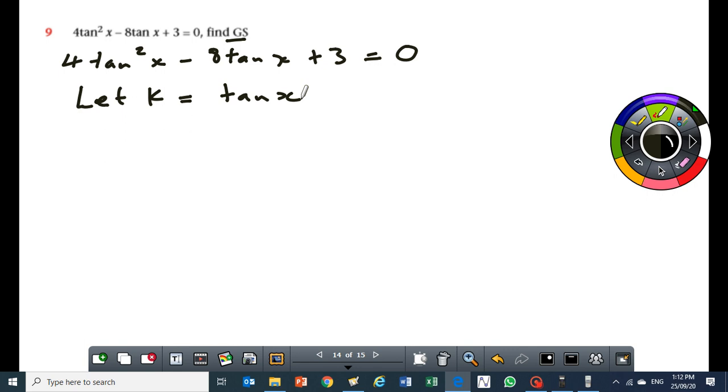The reason why I did factorization last year in grade 9 was also to prepare you for trig, so that you can be able to do this. Then where there is tan x, I'll put k, so that becomes 4k squared minus 8k plus 3 equal to 0.